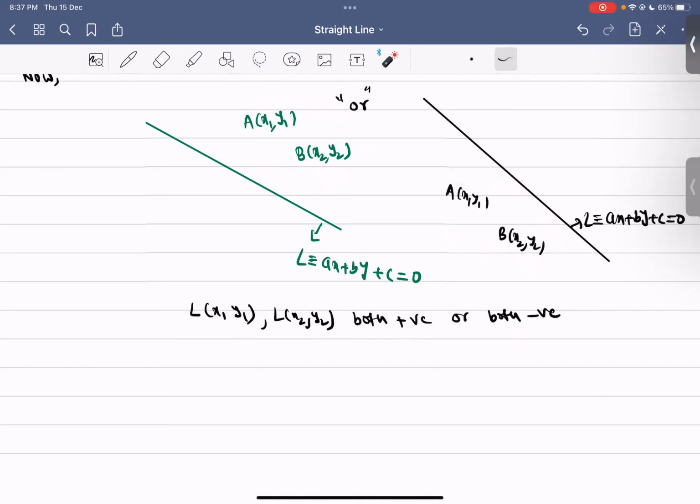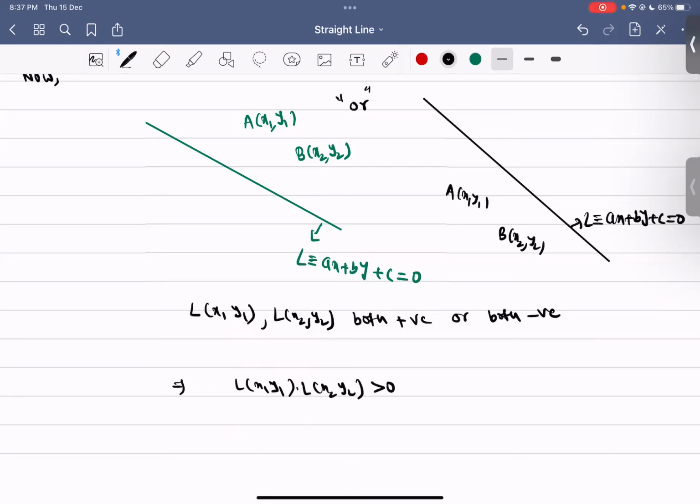Therefore, the common condition is what? For above or below, both positive or both negative. Product is positive: positive times positive is positive, negative times negative is positive. That implies the common condition is L of (x1, y1) into L of (x2, y2) is positive.